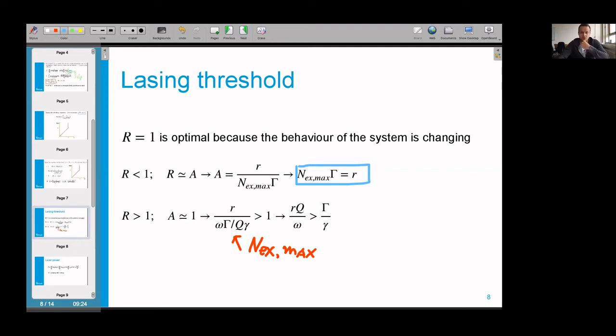And here what we use is that R that we have found previously, which was R divided by the maximum number of excited atoms, if I'm not mistaken, divided by gamma, will be bigger than 1. And we just find this, the inequality for the quantities that are involved.